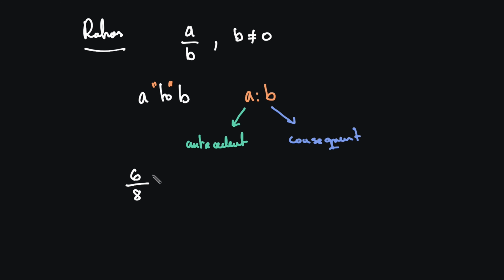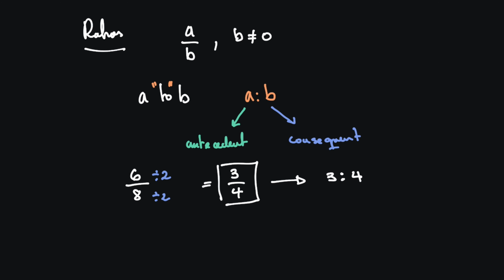We notice that we can simplify both numbers by 2. 6 divided by 2 is 3 and 8 divided by 2 is 4, so we can rewrite the ratio as 3 to 4. We can also write it with the colon, 3 to 4.